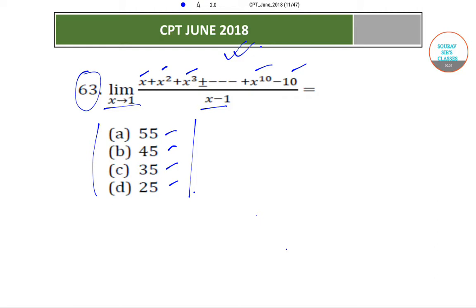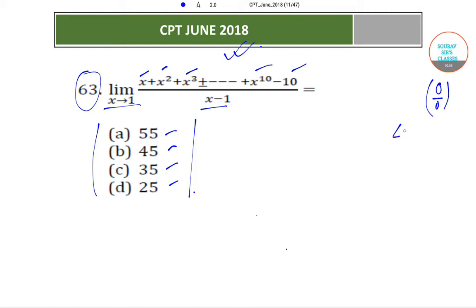As you can see, if we put x equal to 1, then we have 1 + 1 + 1, 10 times, minus 10. So 10 minus 10 gives us 0 in the numerator. And if you put x equal to 1 in the denominator, then we have 1 minus 1. So it is basically a 0 by 0 form. If we have a 0 by 0 form, what can we do?